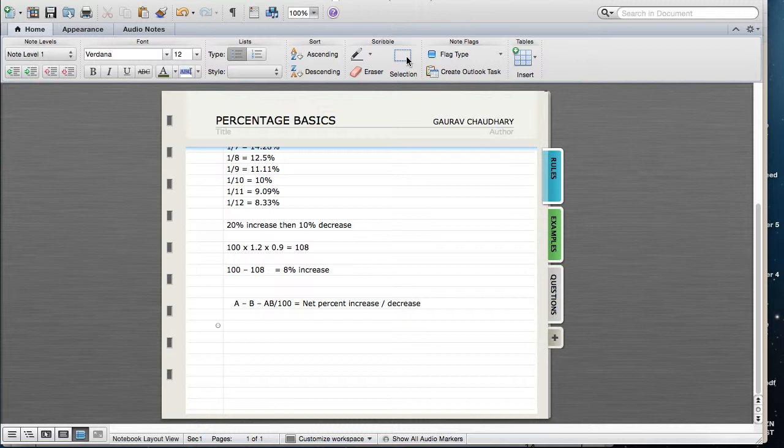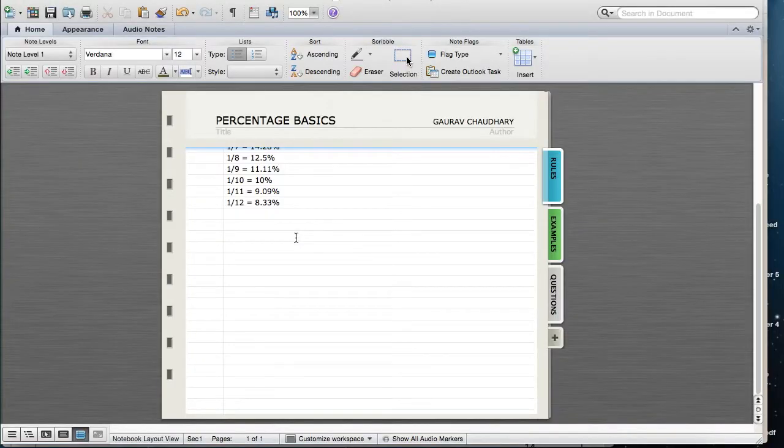So 20% increase a minus 10% decrease minus 20 into 10 is 200 upon 100, that is equal to 10 minus 2, which is equal to 8%. So the result is plus 8, which means there will be an increase of 8% in the salary. Never give the answer as 20 minus 10 is equal to 10.